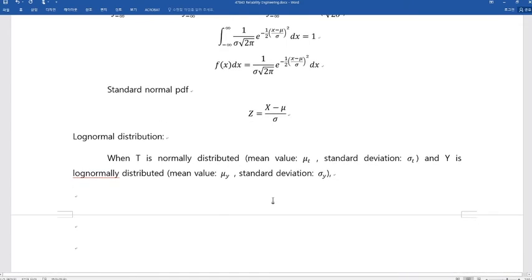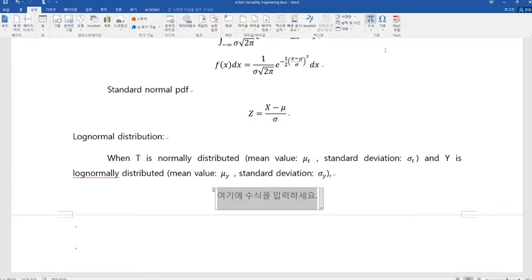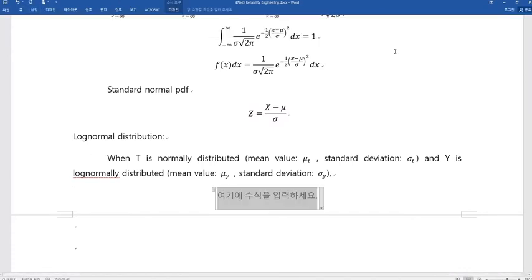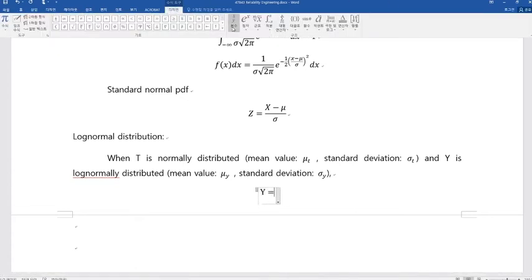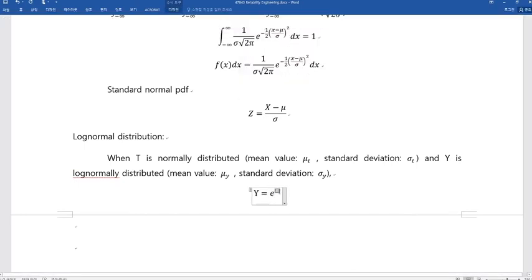So previously, in the textbook, it is given that y equals exponential of t.